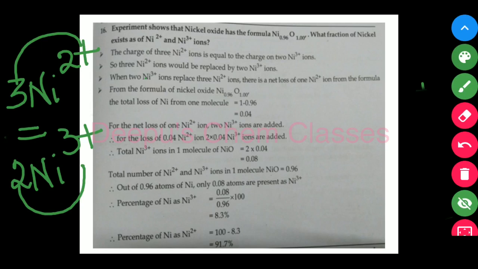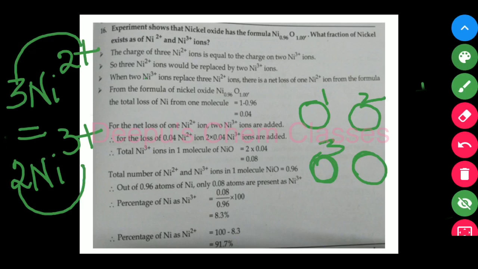Let us assume it is actually the crystal lattice, with lattice points for the ions to accommodate. So 3 Ni2+ ions. Instead of 3 Ni2+ ions, how many Ni3+ ions are going to be accommodated? Only 2. Instead of 3, only 2 Ni3+ ions are going to be accommodated.